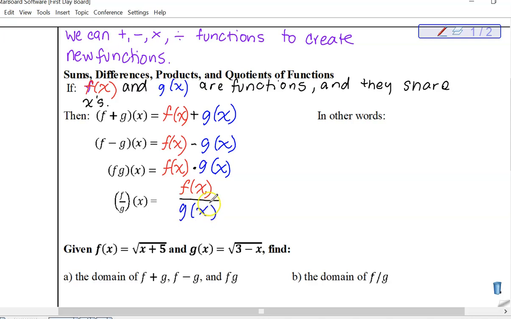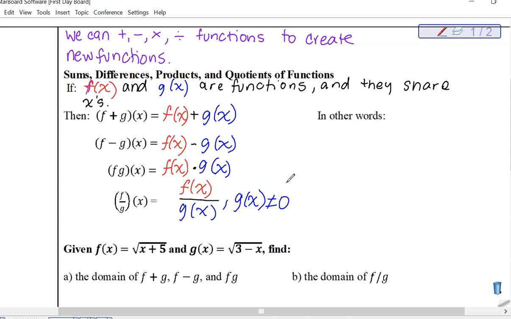However, when I put a function in the denominator, I have to mention, as long as g of x does not equal 0. So when we create a rational function, we divide two functions.